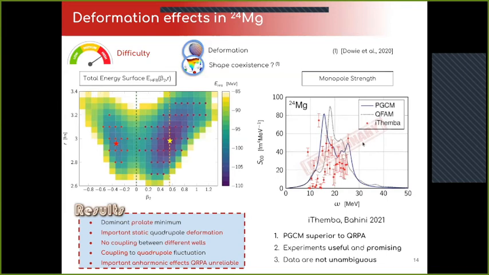And clearly, these experiments are fundamental for us to investigate the nature of these theoretical methods, but the data itself are not unambiguous. And I will tell you a bit more later about this experimental data.